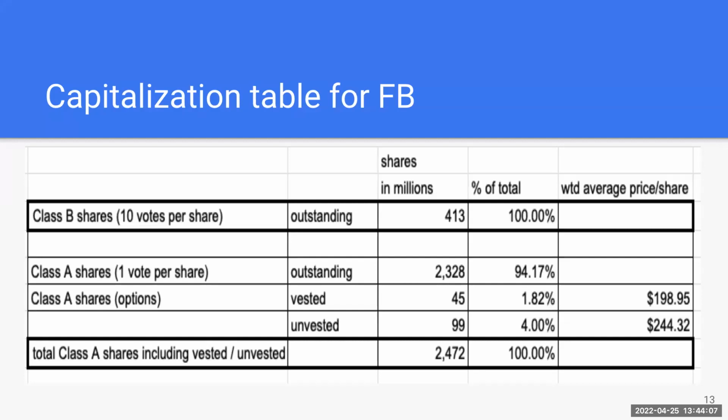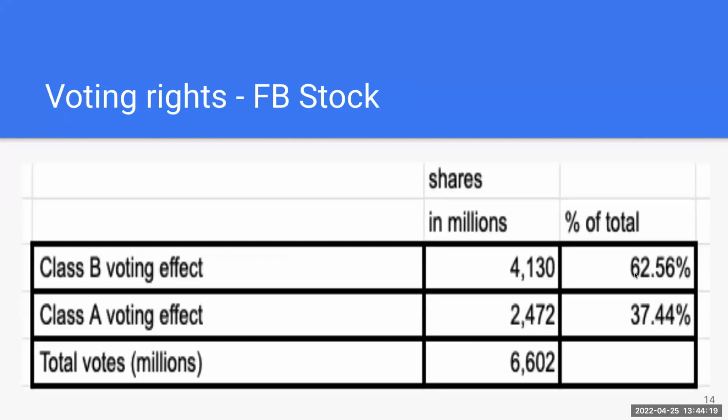If you buy a share in Facebook, you're not going to have an equal say, because guess what? He owns 62% of the voting control of the business. So he's going to be able to basically dictate who's the CEO, who's the CFO. He can basically vote his way in.